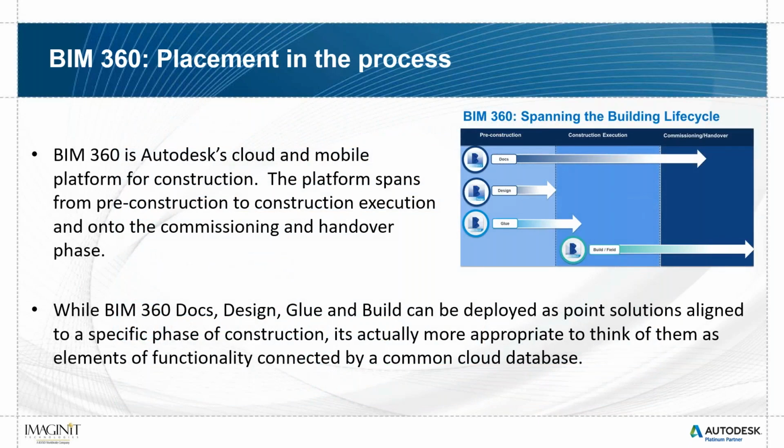One of the huge benefits of BIM 360 and having all of this available in the cloud is that no matter where you're at, you have access to your files and to the data that you need. You don't have to be locked down to your office. You can be mobile. You can have iPads or tablets out on the site. As long as you have an internet connection, you can view information, markups, all of the files and the updates to document sets.